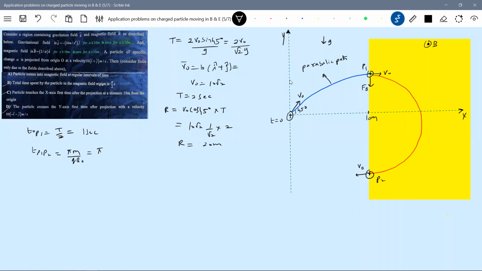So what is the value of b0? The b bar is 2 by alpha k. Alpha is q by m.